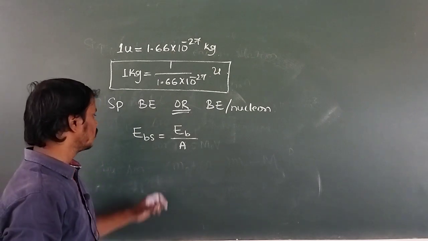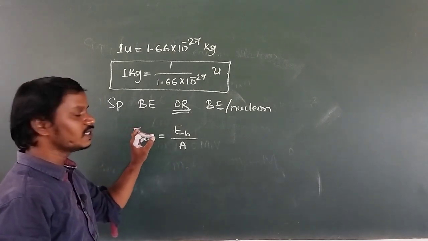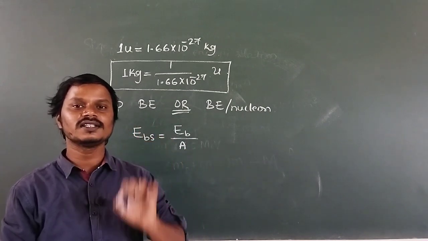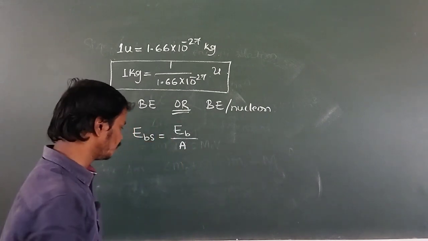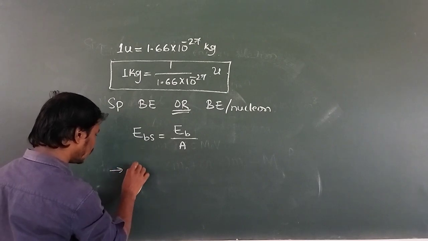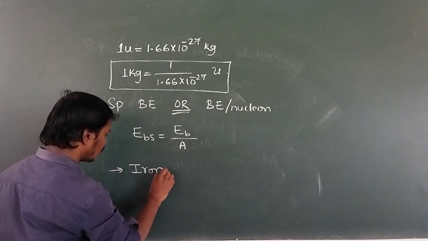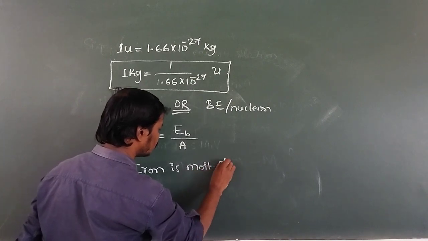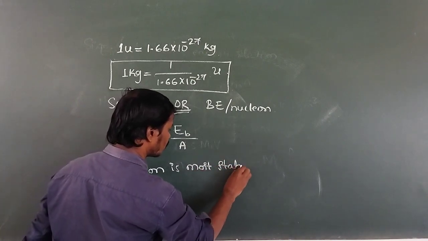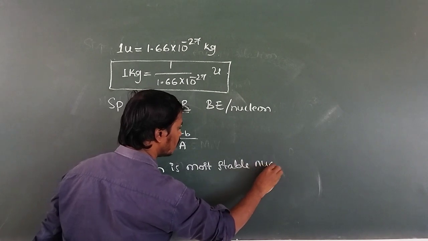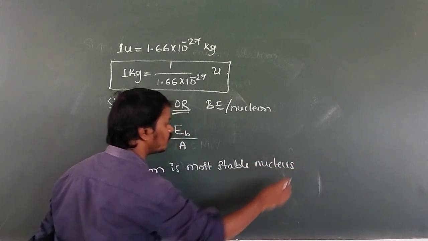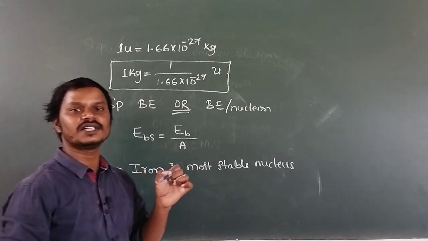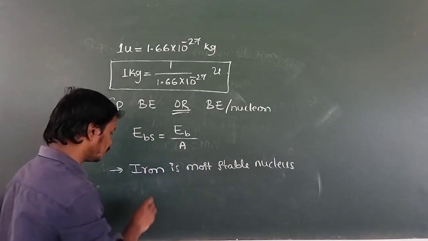This average specific binding energy is maximum for iron. That is why iron is the most stable nucleus. Which is the most stable nucleus? Iron. It is the most stable nucleus because of its specific binding energy, which is nearly 8.75 mega electron volt.